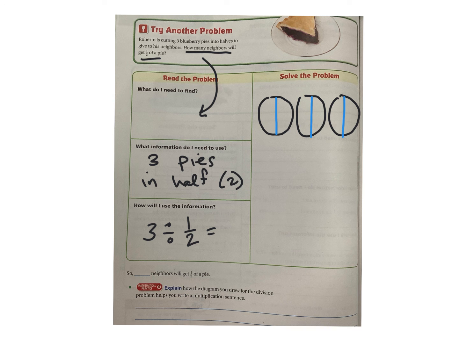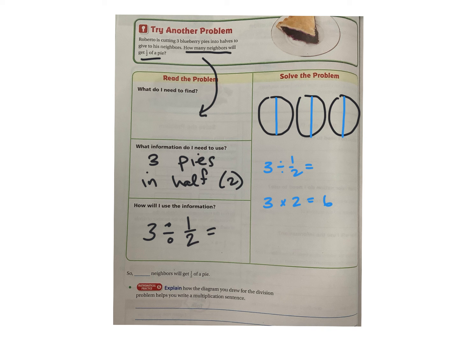So if this is the calculation I have, I'm really doing 3 multiplied by 2, which is 6. 6 pieces, 6 neighbors.